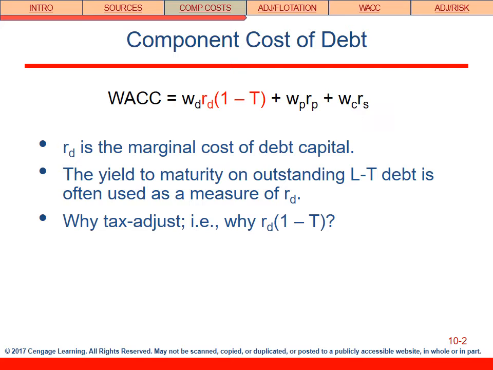And so R sub D, the marginal cost of debt capital, that factor 1 minus the tax rate is what adjusts that cost of capital from before tax to after tax. So we'll have two parts. First we'll find the before tax cost, then we'll find the after-tax cost.